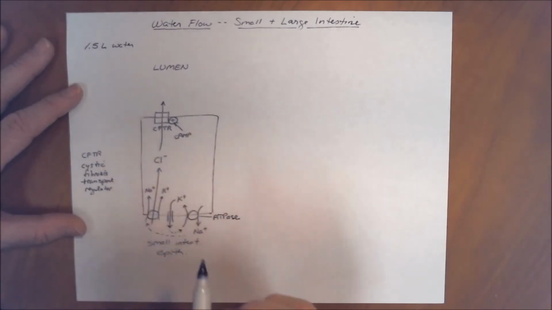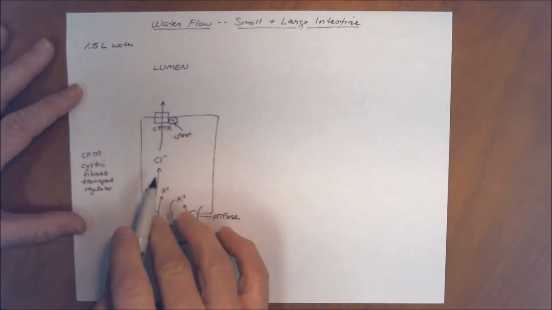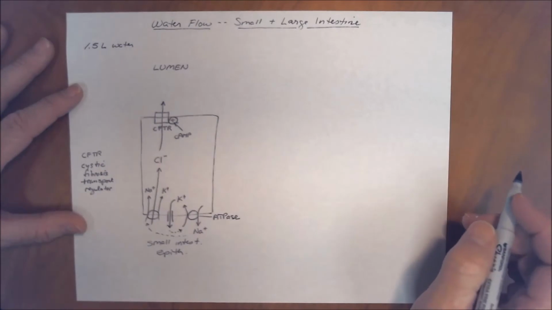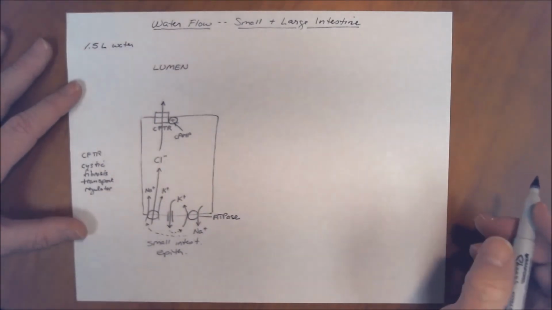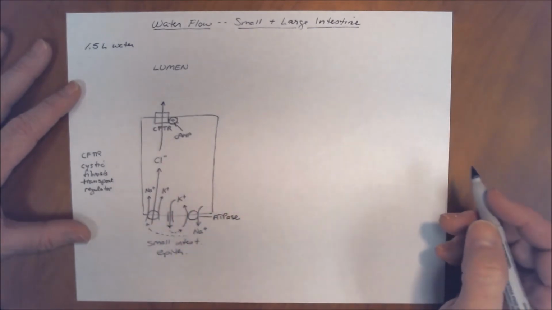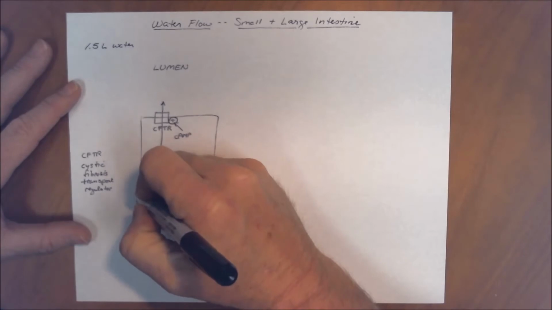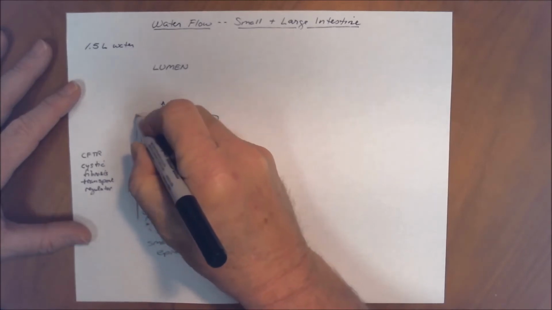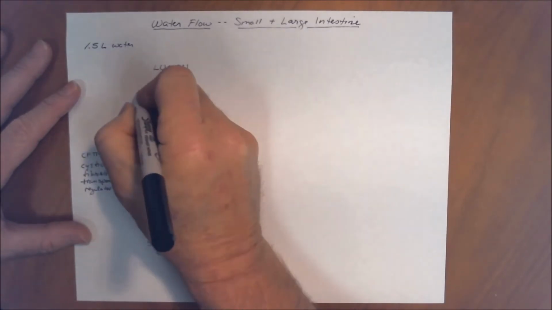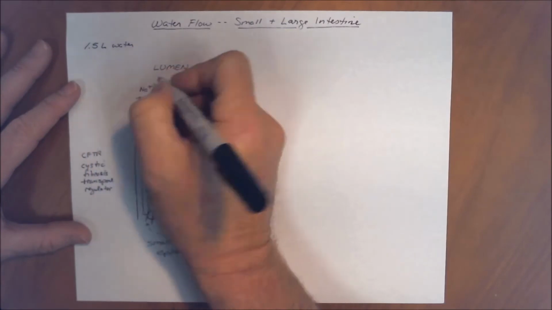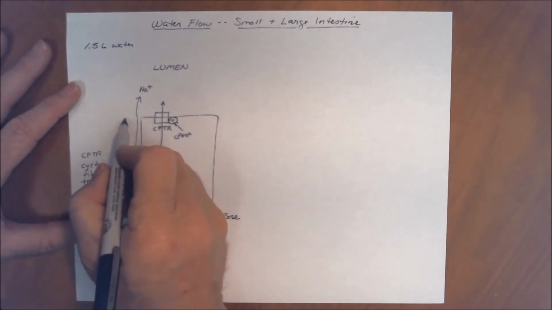Now, what's important about this is that we are going to start having an electrochemical gradient of chloride ion, and so naturally physics will take over and sodium will transport from the interstitial space through the cellular junctions.